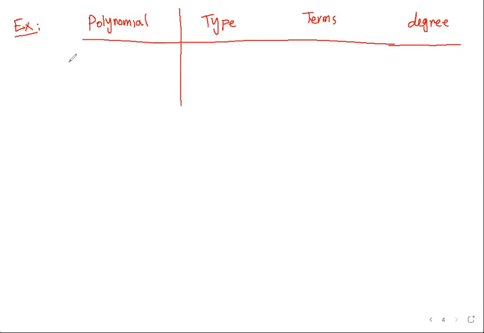The first polynomial looks like 2x squared minus 3x plus 5. What's the type of this polynomial? Trinomial. Yes, it's a trinomial exactly. Why trinomial? It has 3 terms. Exactly. It has 3 monomials. Look, 1, 2, 3. So this is a trinomial.